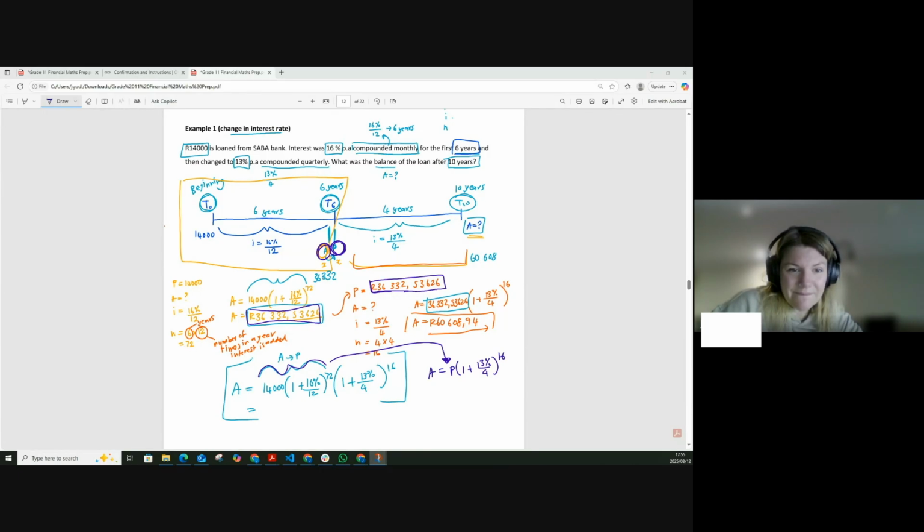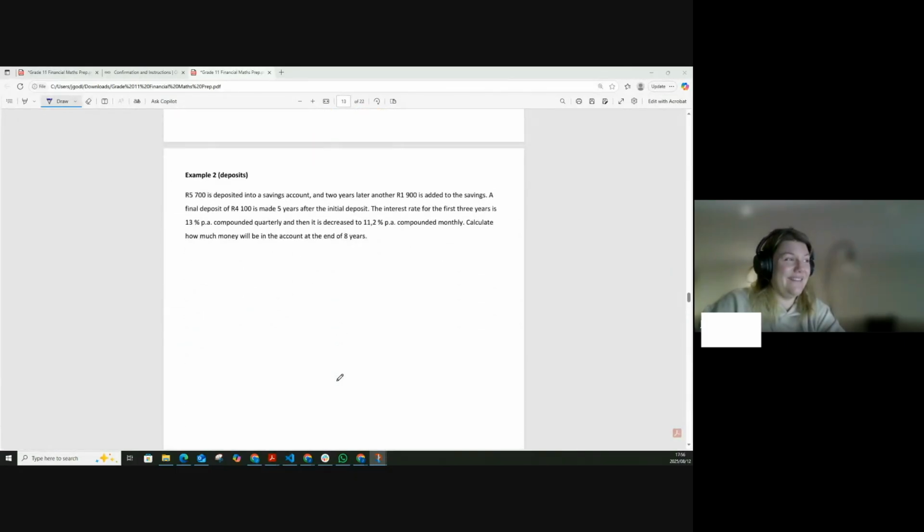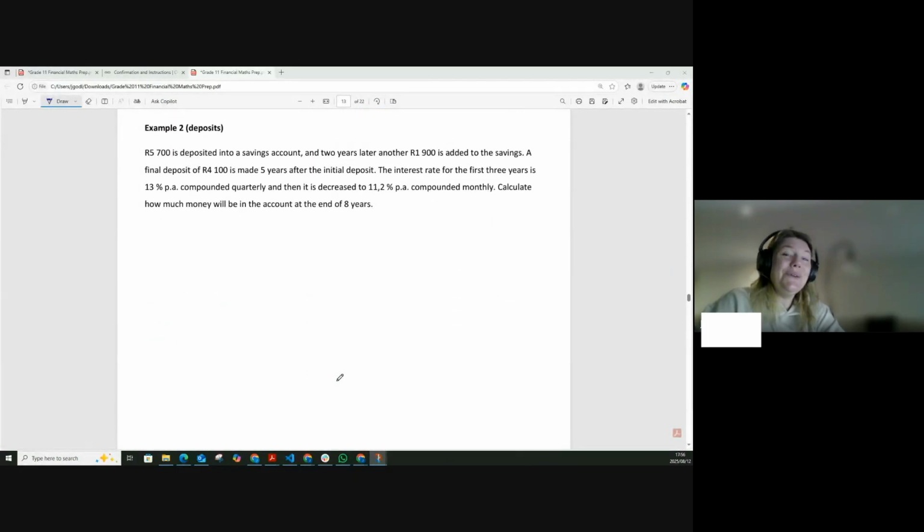Okay. Second question is sneaky. I'm going to help you draw out your timeline. I'm going to explain a couple of things that I think traps you might fall into. And then I'm going to let you give this one a try by yourselves. So this is if we have deposits. We're going to draw our timeline as we go.